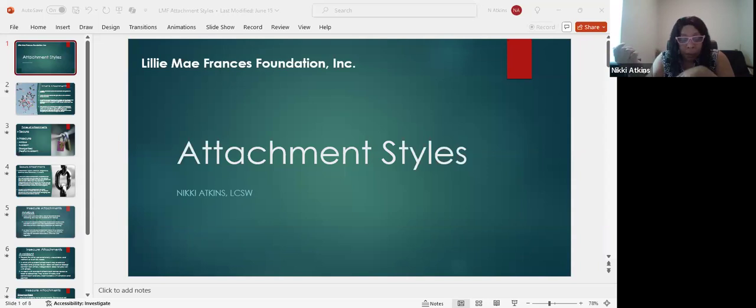other relationships. Okay, so when we're talking about an attachment style, we're talking about how we behave in relationships based on how we process or how we view the bond that we have, and how we've learned to process and view bonds that we've had in the past. Like I said, from when we were babies.